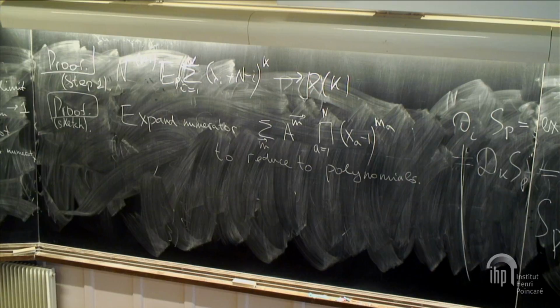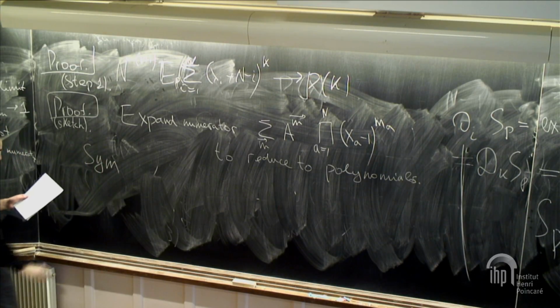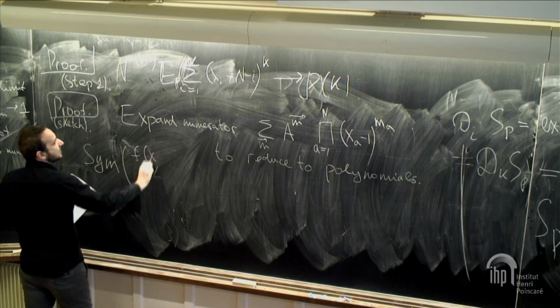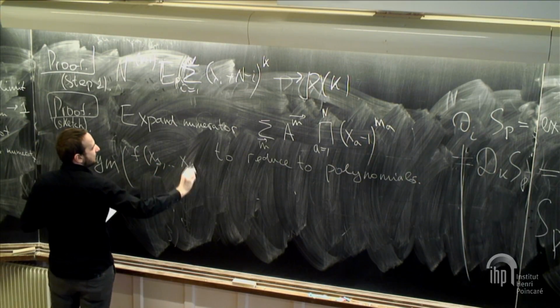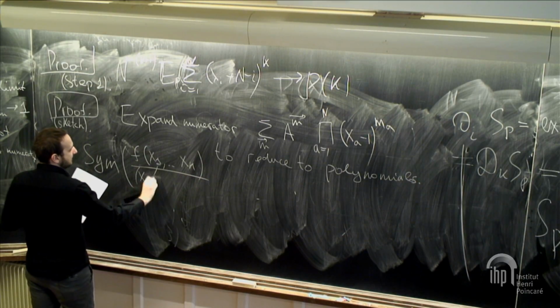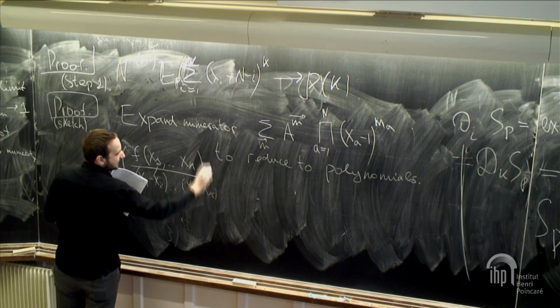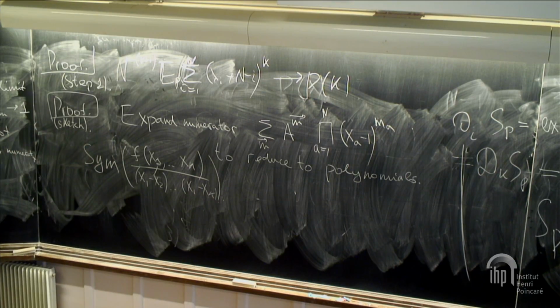Now, if we work with polynomials, then what do we want to do? We want to symmetrize some function of k variables divided by (x1 minus x2) ... (x1 minus xk). And we want to understand that if you do this symmetrization, then you should be able to plug in all the variables equal to 1 after you do this symmetrization, and there are no explosions. That's what we want to understand.